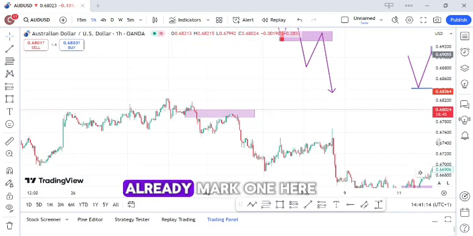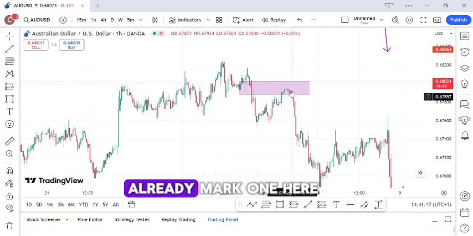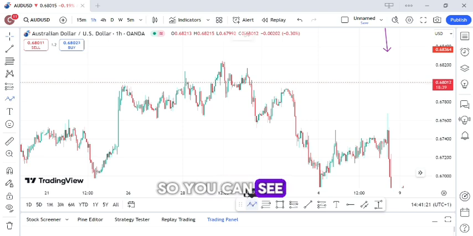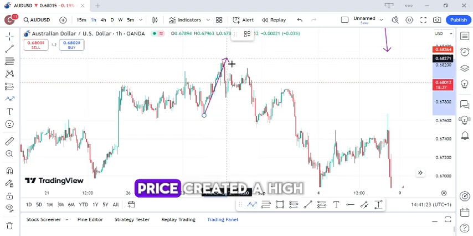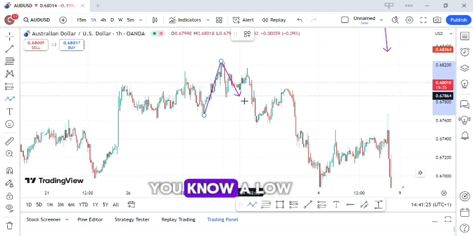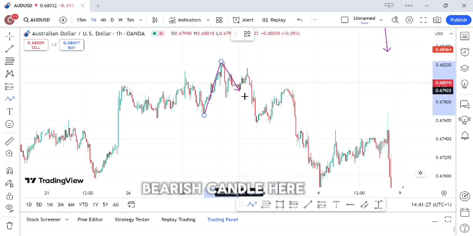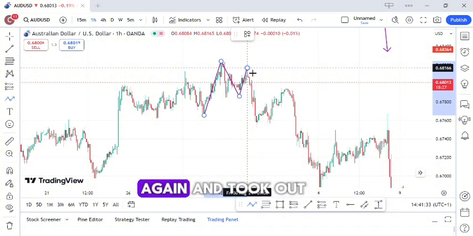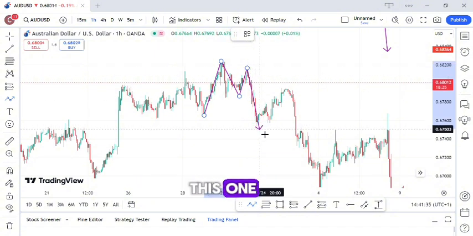I already marked one here. Let me delete this and explain, so you can see what price is doing. Price created a high, a low. This is the last bearish candle here, and another high again, and took out this one.